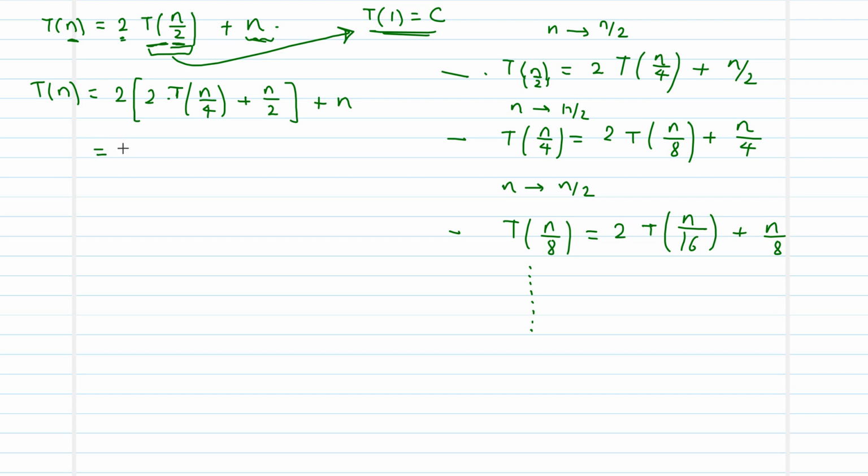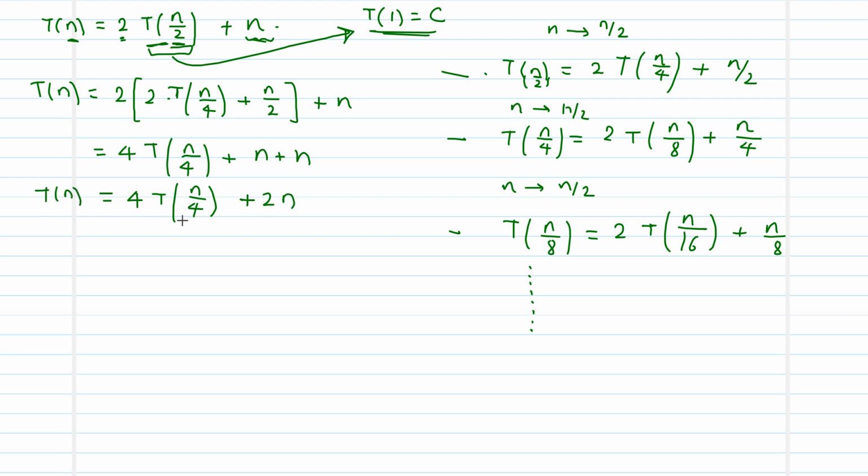So now this will become 4 times T of n upon 4 plus 2 into n by 2, which is n, plus n, which is equal to 4 times T of n upon 4 plus 2n. This is T of n.